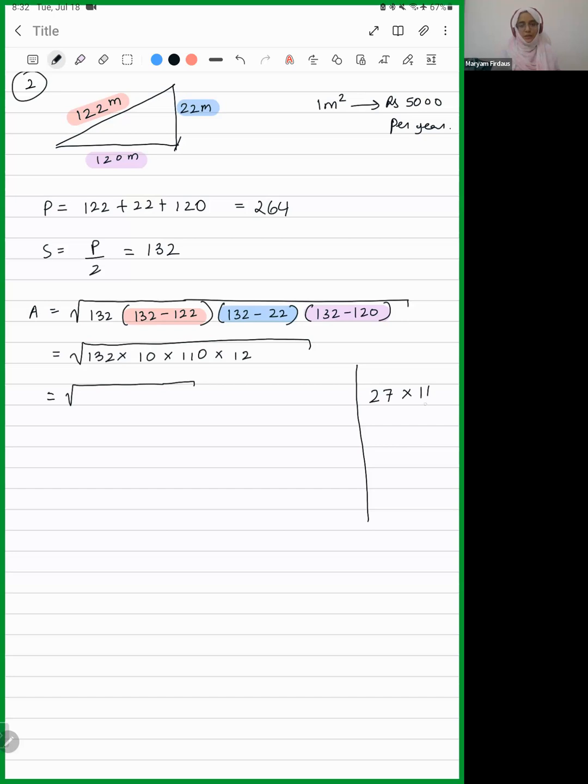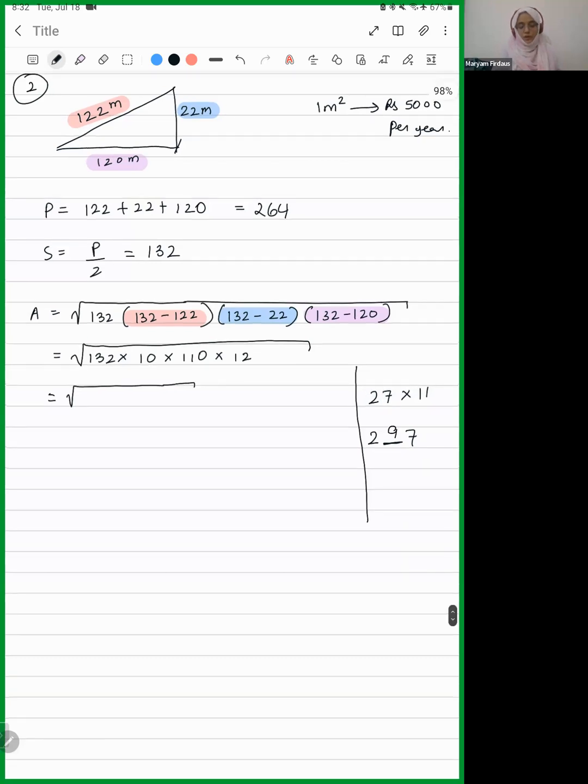Instead of doing the normal calculation, write 2 space 7. Insert a space between both of them and then add both of them. What is 7 plus 2? 9. So this is the answer. The answer is 297.